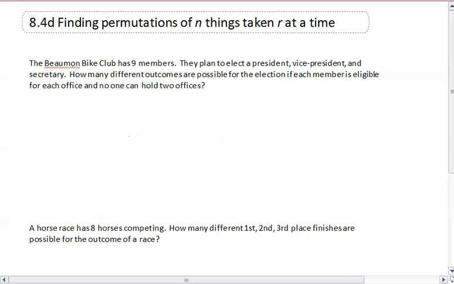So basically what we're saying is we have 3 positions. They're ranked. In other words, order does matter.